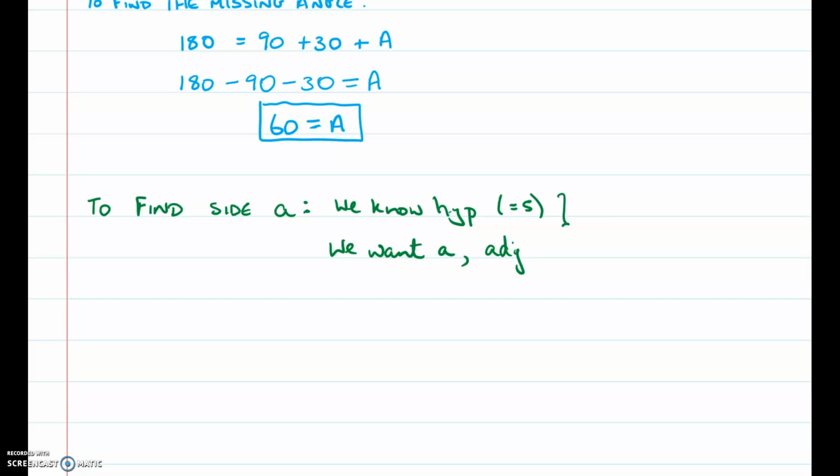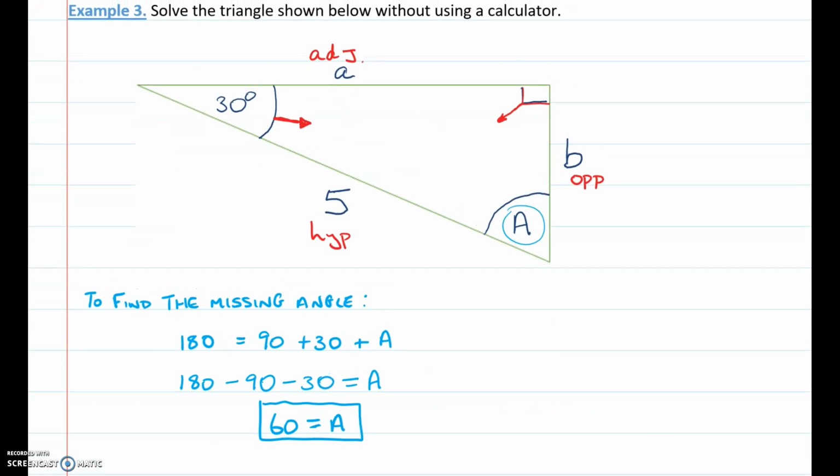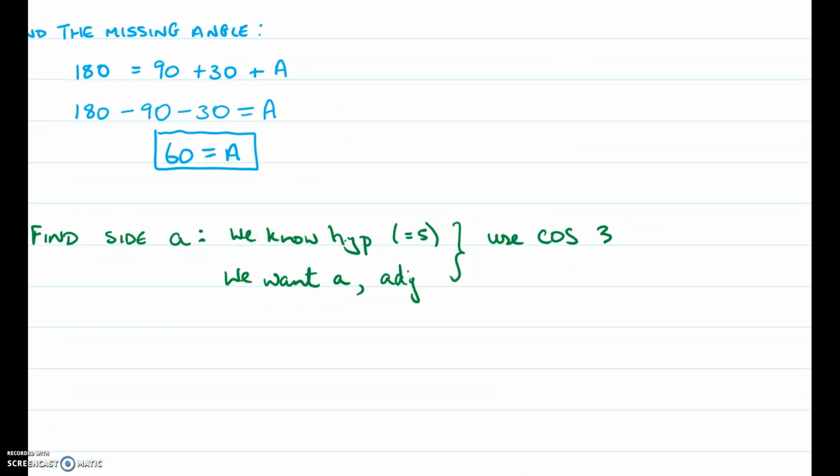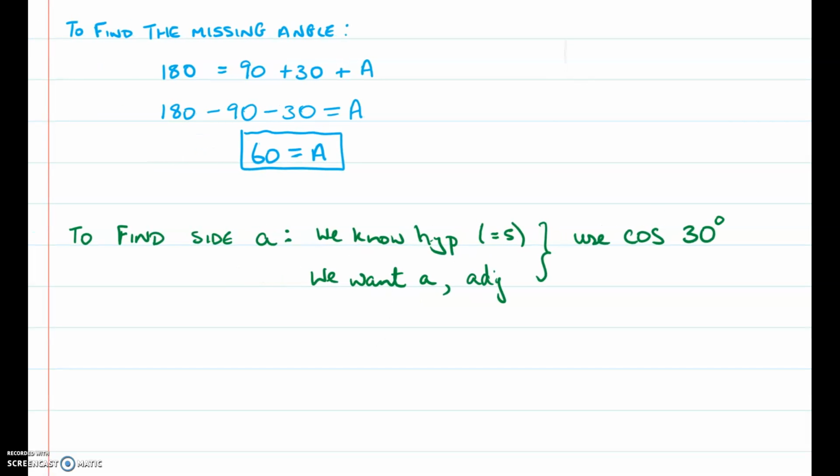So if you think about which ratio involves a hypotenuse and adjacent, we're going to use cosine. Cosine uses adjacent and hypotenuse. Cosine of the angle that you know, which is 30. I know we know the other angle as well, but since we define the angles in terms of cosine of 30 degrees, that's what we're going to use. So let's use cosine of 30.